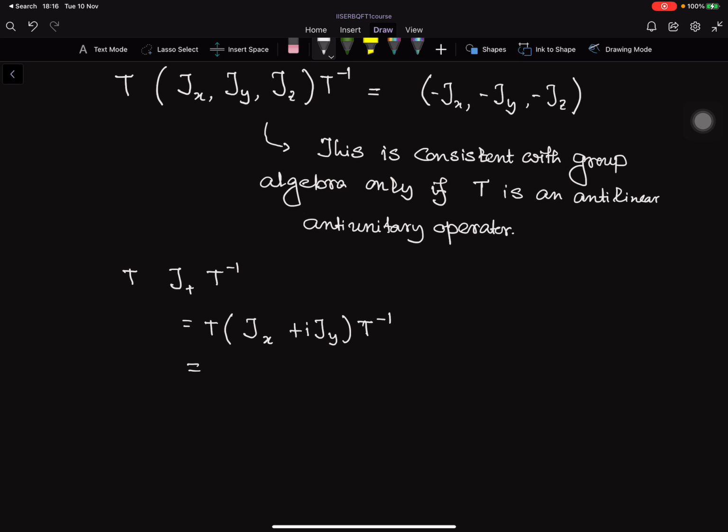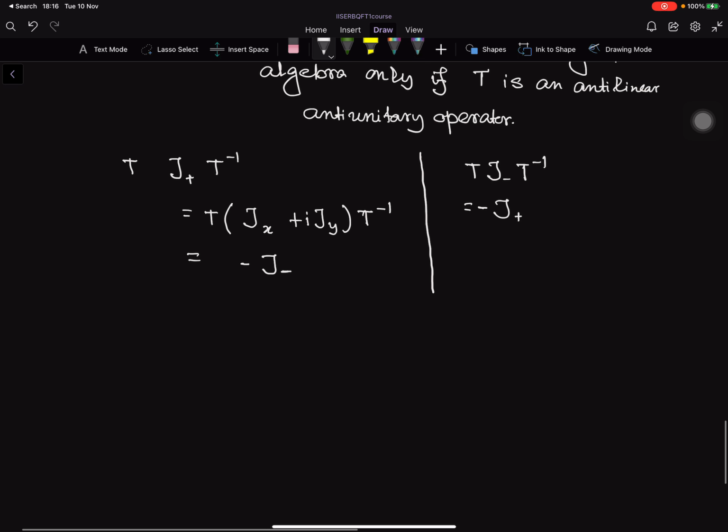So J will go to minus J, Jy will go to minus Jy, but then i will also flip. Which means this goes to minus J minus. And similarly, T J minus T inverse is the same as J plus with a minus sign.